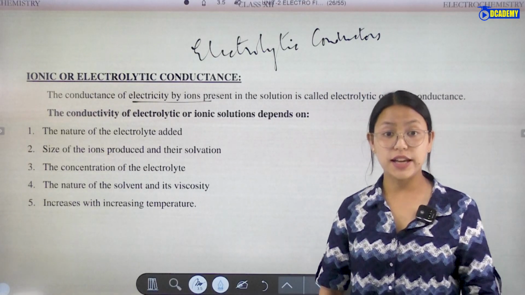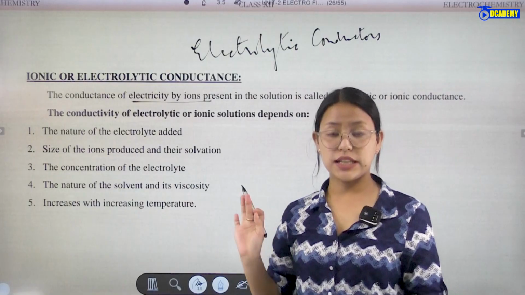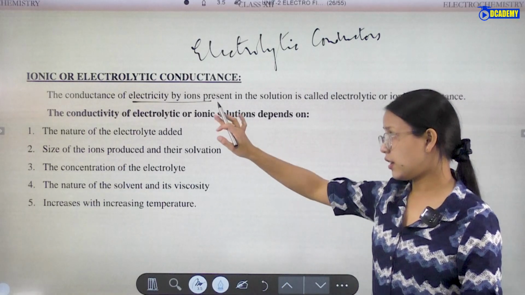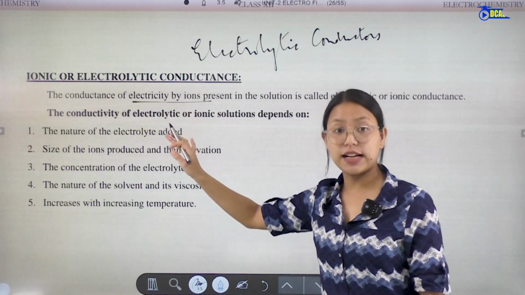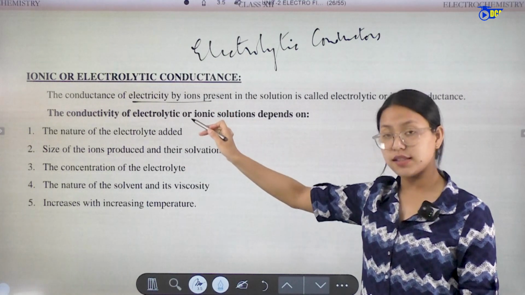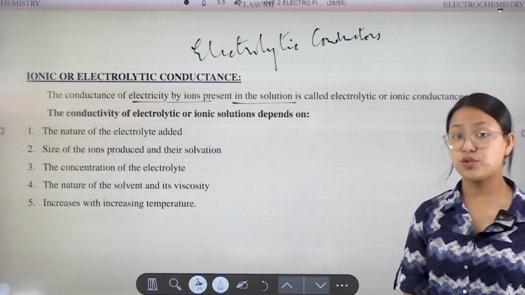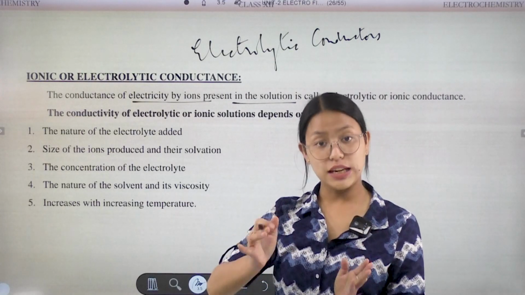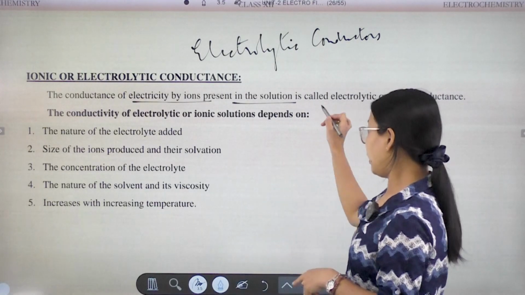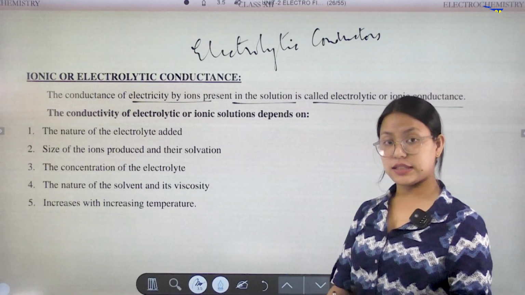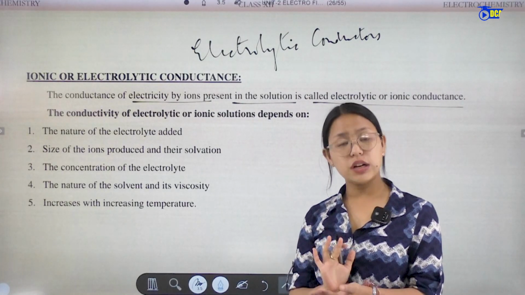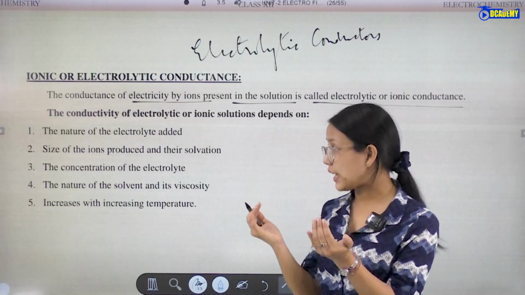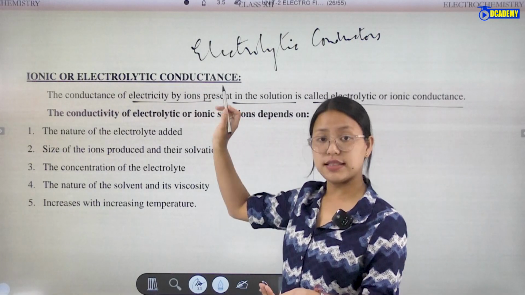So the ionic or electrolytic conductance is the conductance of electricity by ions present in the solution. It is called the electrolytic or the ionic conductance.